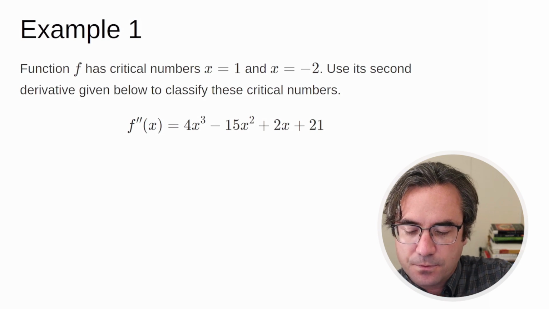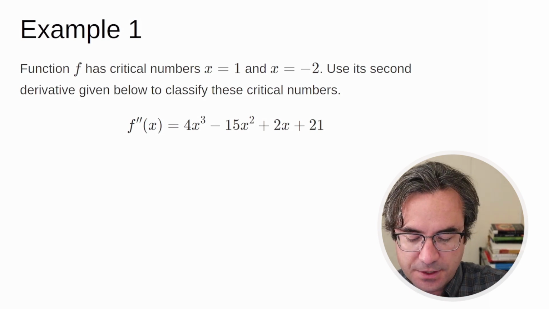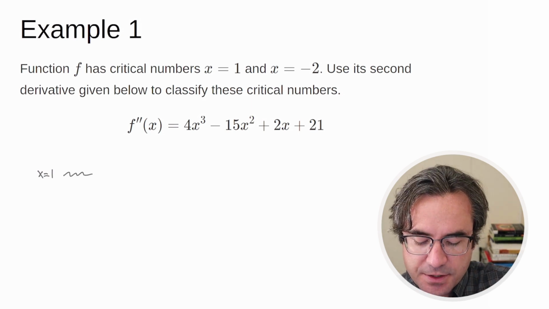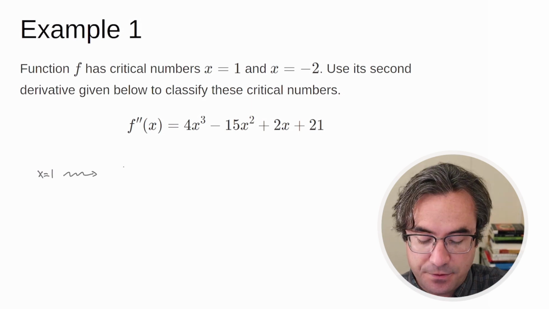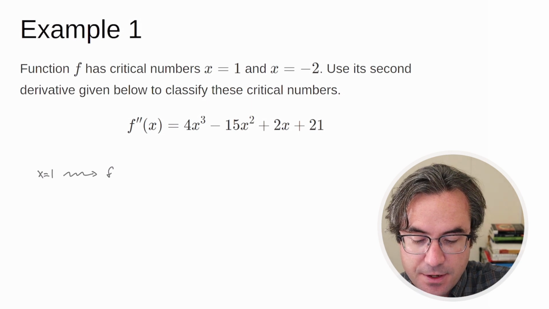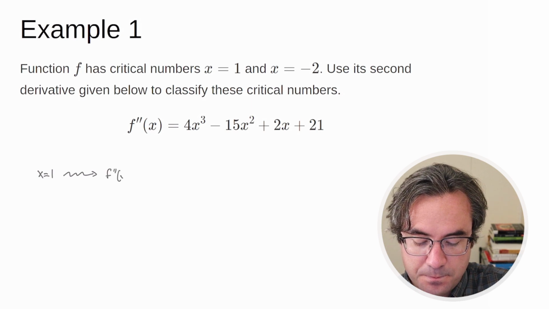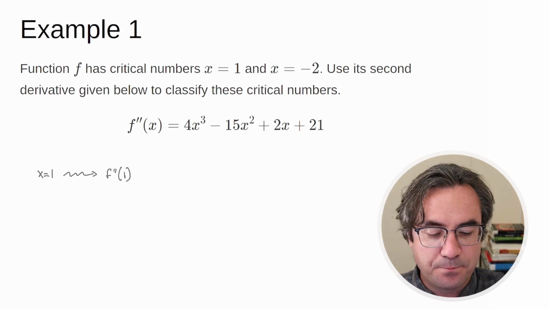So let's start with x equals 1. That's our one critical number, and we're going to plug this into our second derivative, f double prime. So we're going to evaluate f double prime at x equals 1.